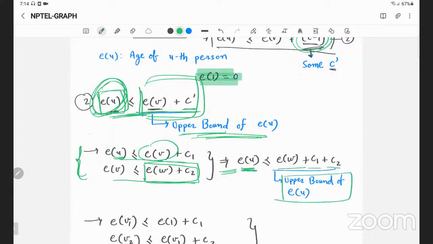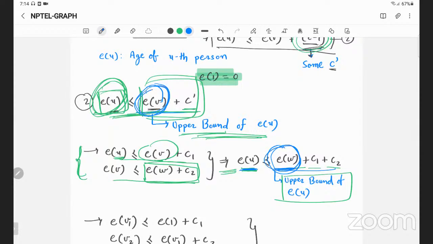So we have written this upper bound, but we don't know the exact value of the upper bound, right? Because we don't know what is the age of the Vth person, what is the age of the Wth person. We don't know this value yet. So we don't know the exact upper bound for EU, because that is the question. We need to determine the ages of all these persons. So to determine the upper bound also, we will need this age here.